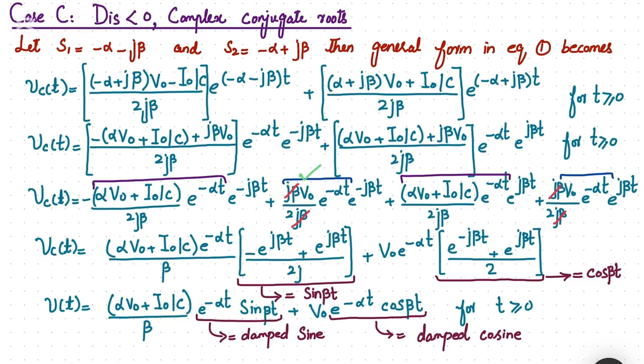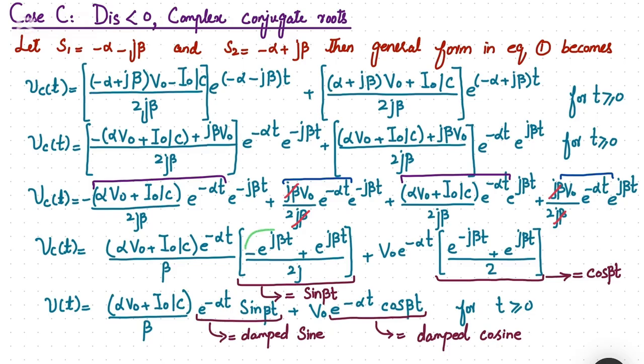Similarly, from the factor represented by blue and this factor, we have v naught into e raised to power minus alpha t over 2 common. So we can take v naught into e raised to power minus alpha t common, and the rest of the thing would be e raised to power minus j beta t plus e raised to power j beta t over 2.